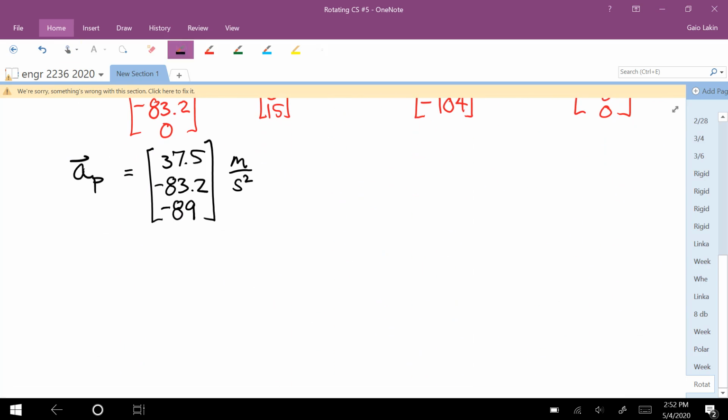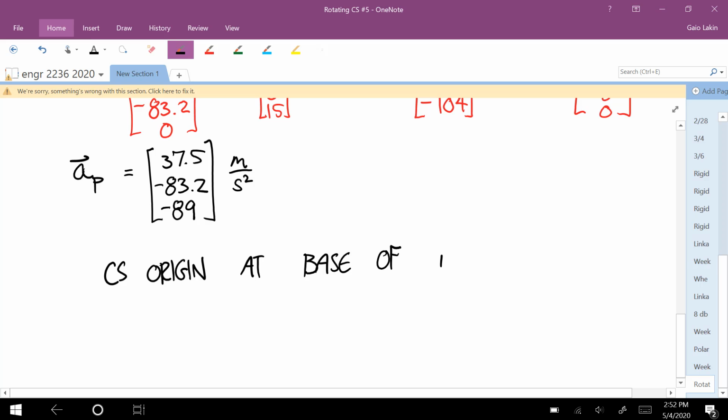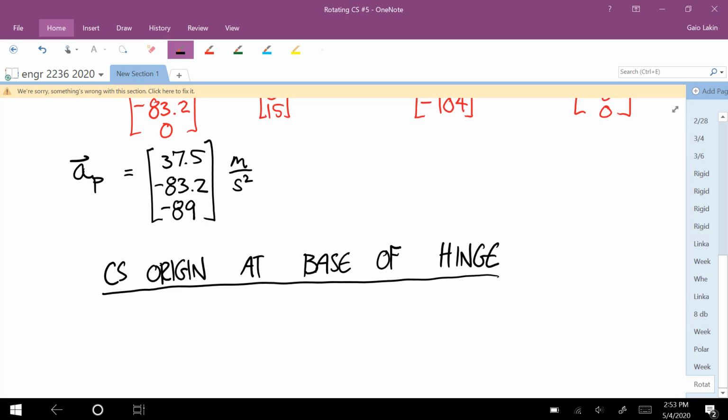Okay, so now the coordinate system origin is at the base of the hinge. Okay, well, the coordinate system is still rotating with the disc. So we're still going to have to use rotating coordinate systems.